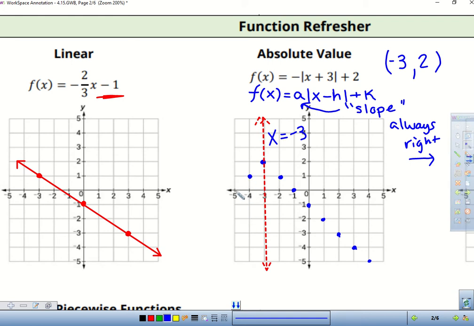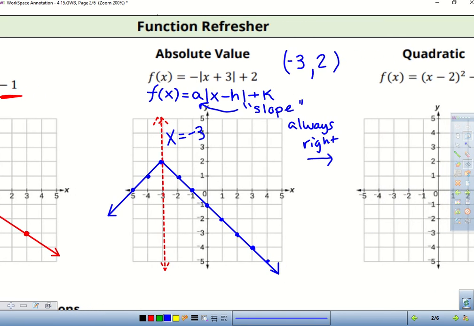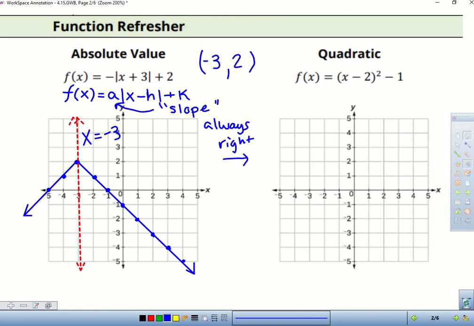Good, and? Good. Once you have that, you can now connect them into a line. You're going to put arrowheads on both ends because it is infinite. So any questions about how we graph the absolute value function?